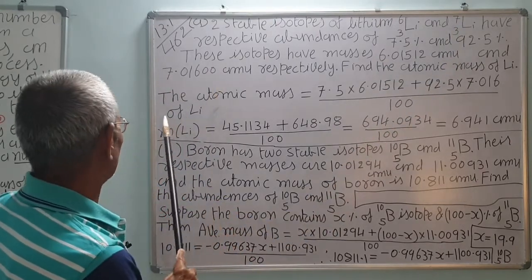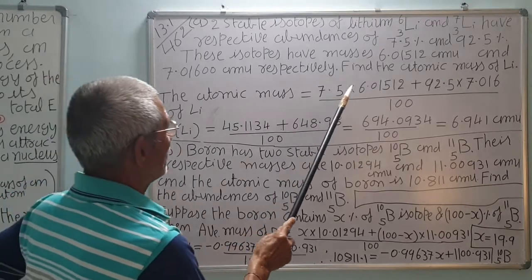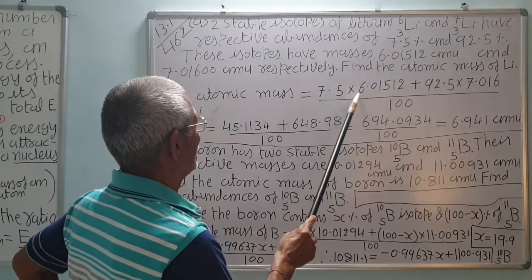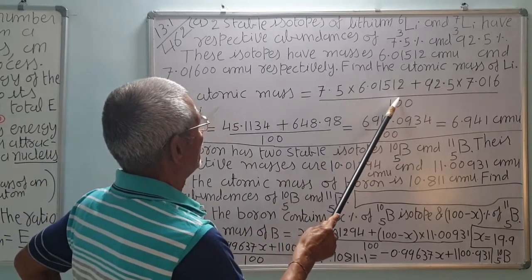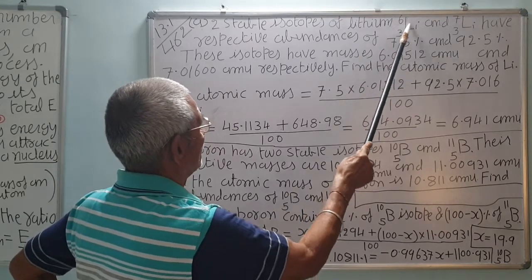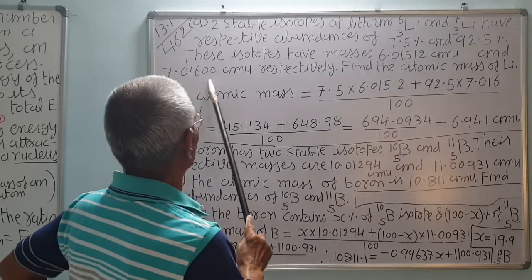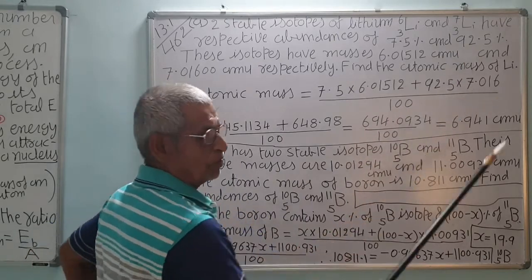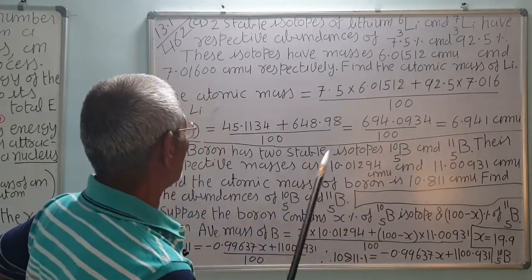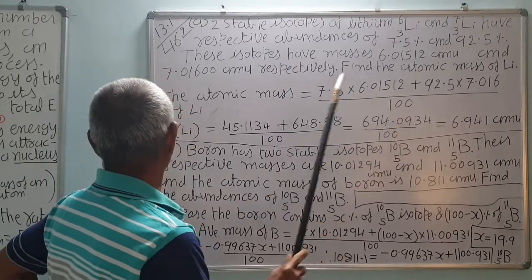Take the percentage: 7.5% of this isotope, 6.015, and 92.5% of this isotope, 7.016 atomic mass unit, divided by 100 because it is a percentage.